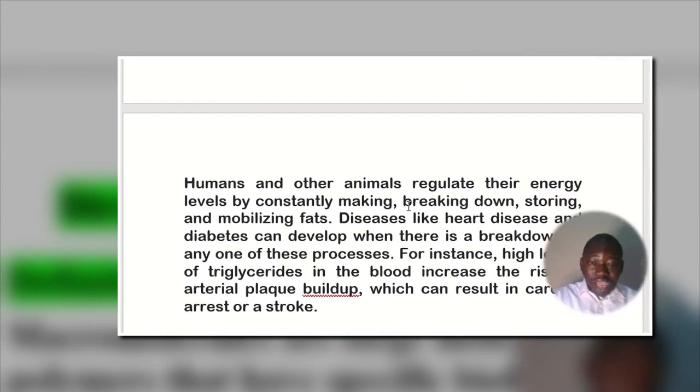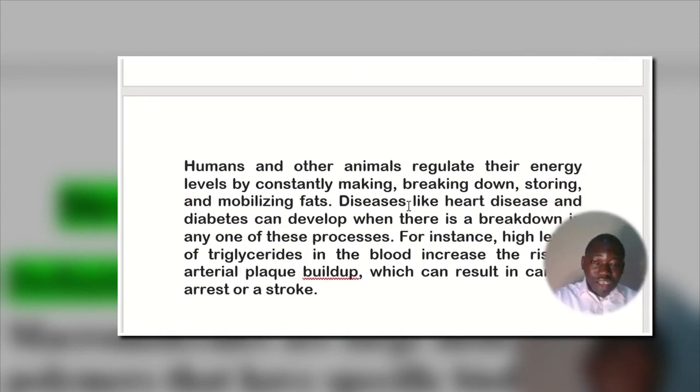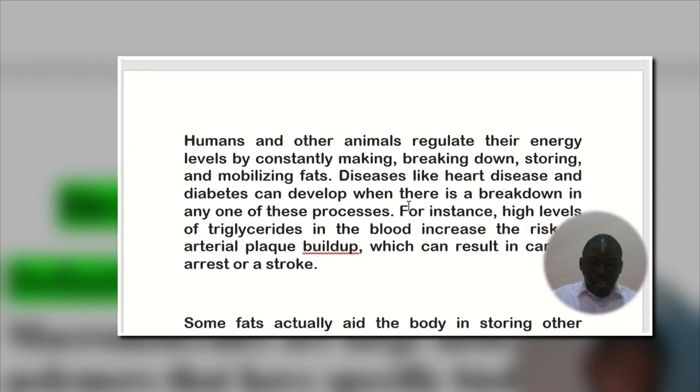Humans and other animals regulate their energy levels by constantly breaking down, storing, and mobilizing fats.